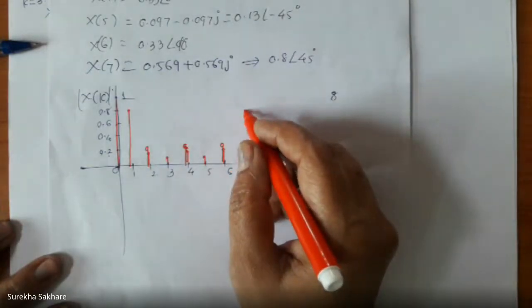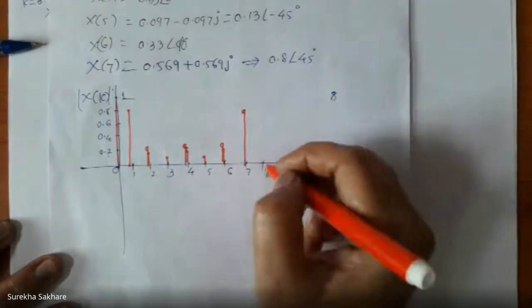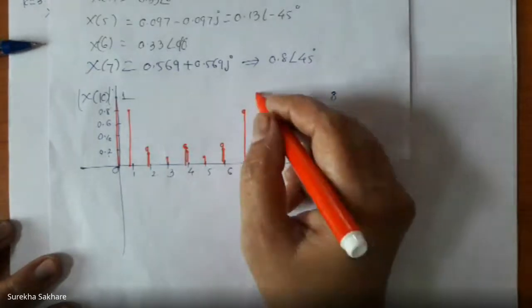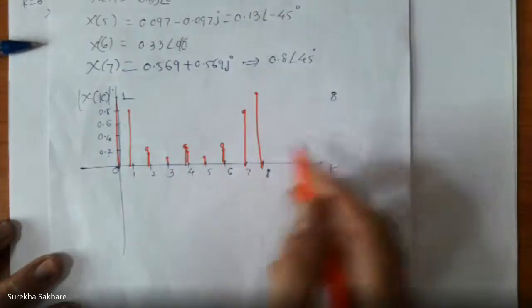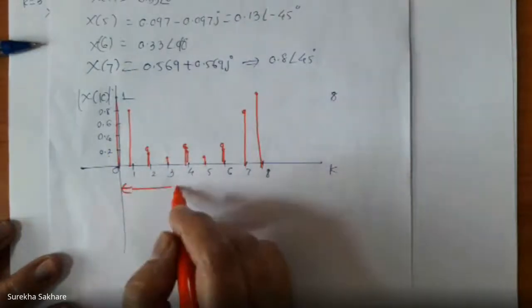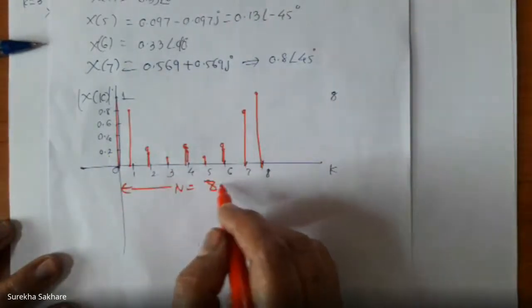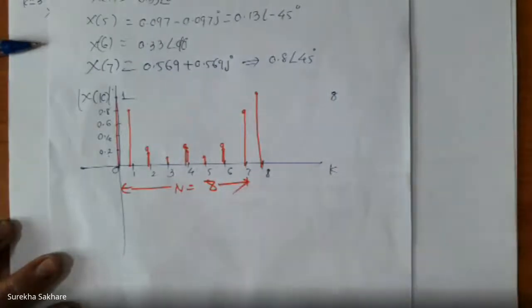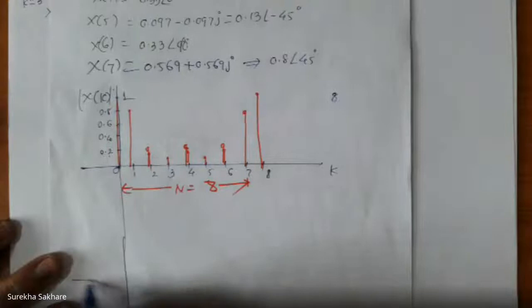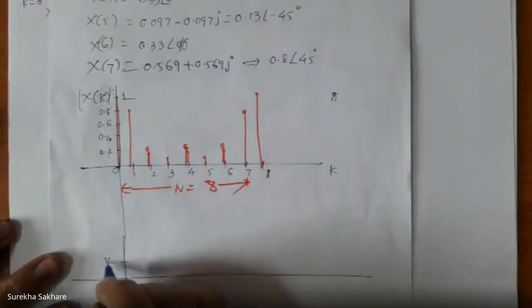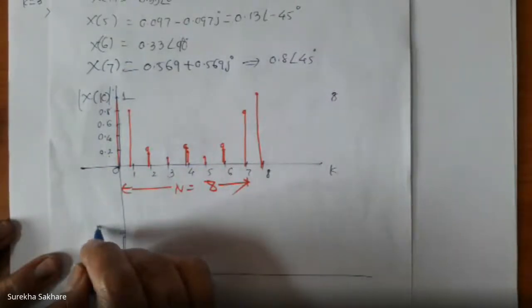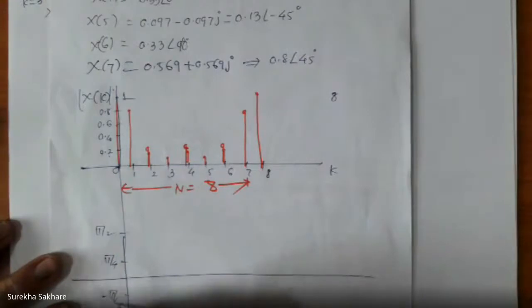And if you go for this 8, you'll see the next cycle will be repeating. So you have n equal to 8 here. And if you go for the phasor spectrum, similarly you can draw it: pi by 4, pi by 2, minus pi by 4, pi by 2. So you are having 1, 2, 3, 4, 5, 6, 7.